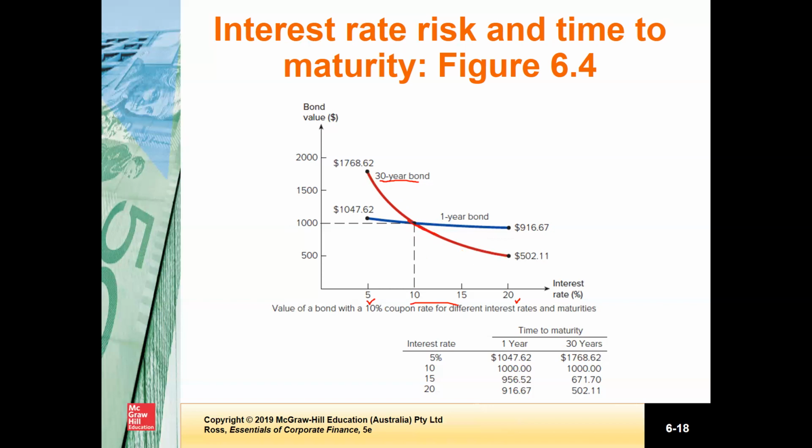The red line is steeper, which indicates that a relatively small change in interest rate will lead to a substantial change in bond value. So these calculations are shown here.